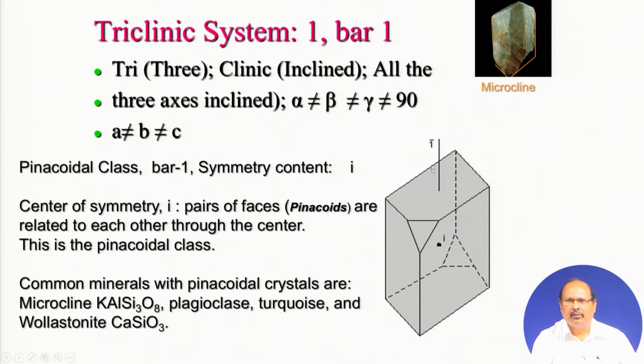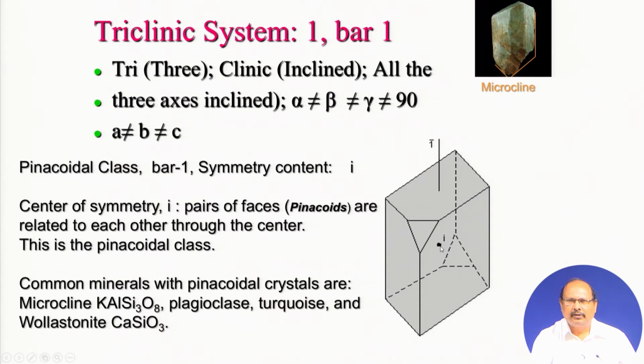So, this is the bar 1 axis. This face and this face are related to each other by the presence of a center of symmetry. In a similar way, this triangle and this triangle can be related to each other by the presence of the center of symmetry, or the operation of inversion.